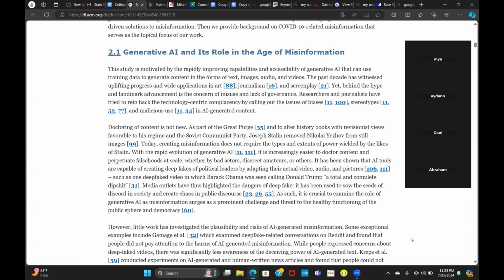All you have to do is have the internet. One deepfake video of Barack Obama was seen calling Donald Trump a total and complete, you know, and people literally ran it in the news, and then everybody believed it.